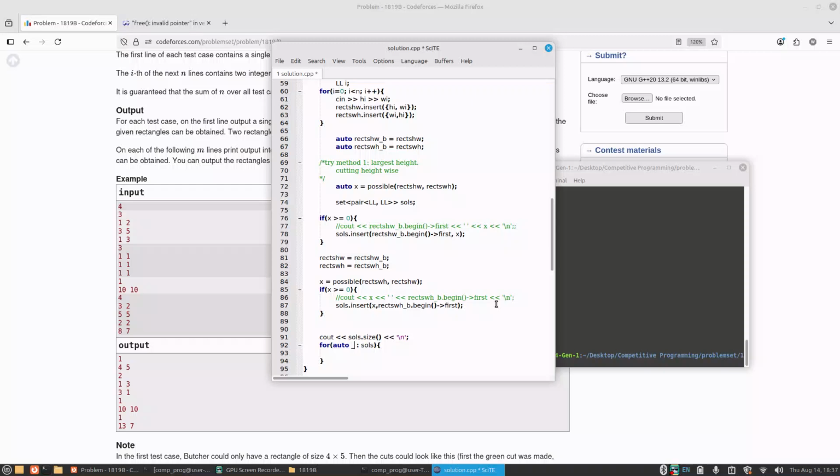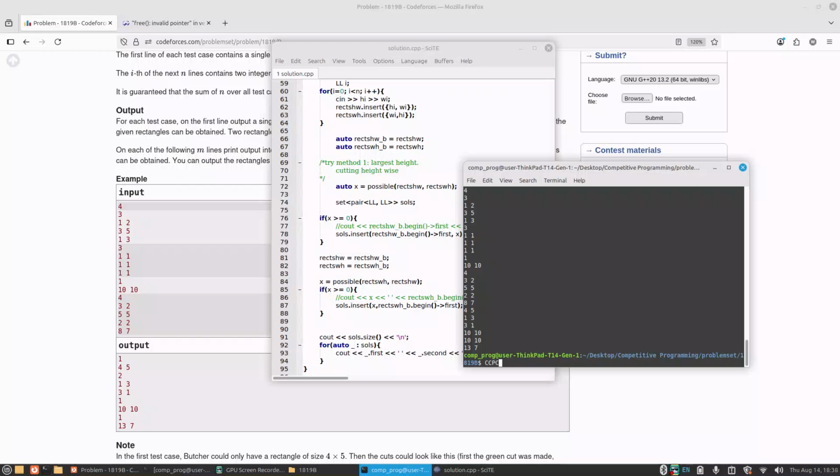Probably get in the habit of doing. Nah, it's not important. Now, no, does this work?